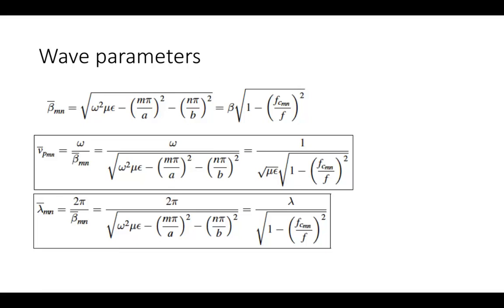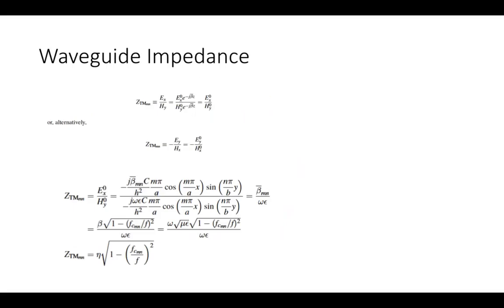So we pull out the beta, and then we have this expression under the square root sign, which relates the given frequency to the cutoff frequency. In terms of the cutoff frequency and the frequency of our wave, we can also find the propagation velocity in the waveguide, and we can find the wavelength in the waveguide.